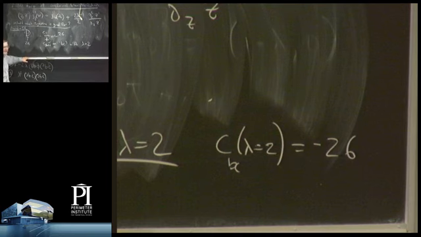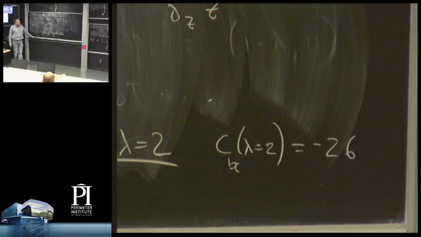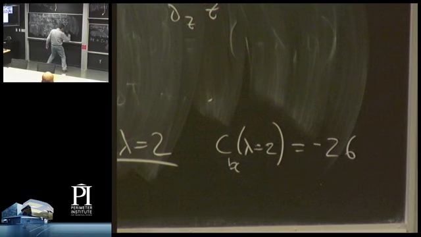We will actually derive this. But for now, all I want you to do is a tiny numerology. So we know what the central charge of a BC system is for any lambda. So when you compute the central charge of a BC system and you substitute lambda equals 2, you will find out that it is equal to minus 26.